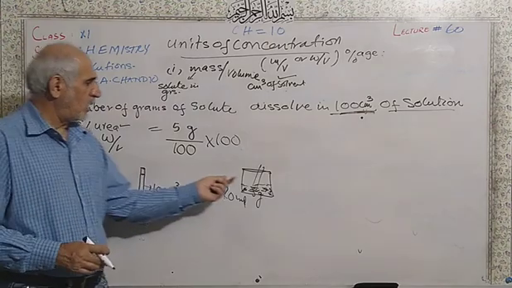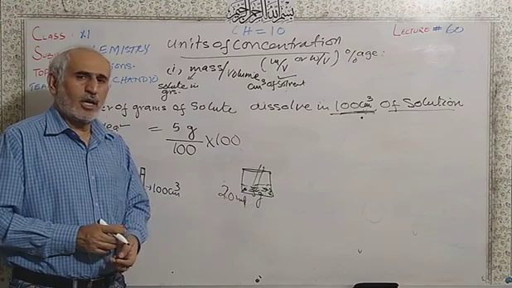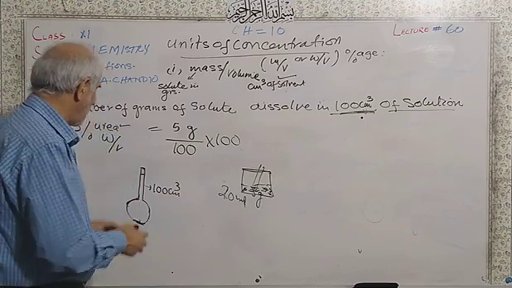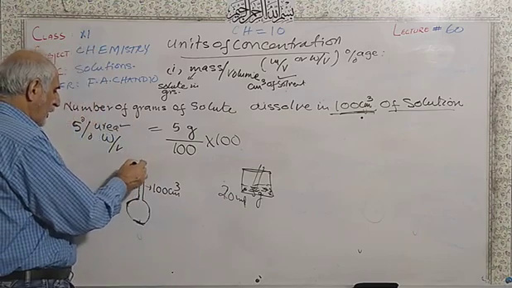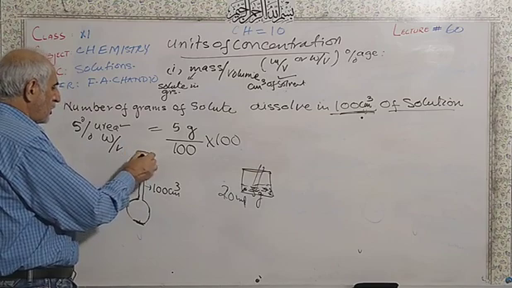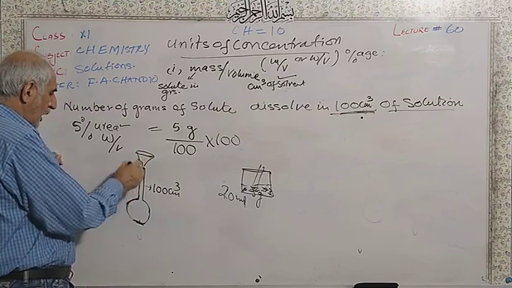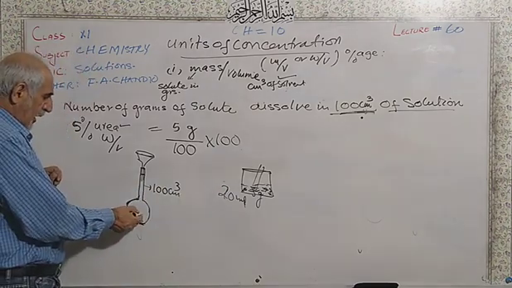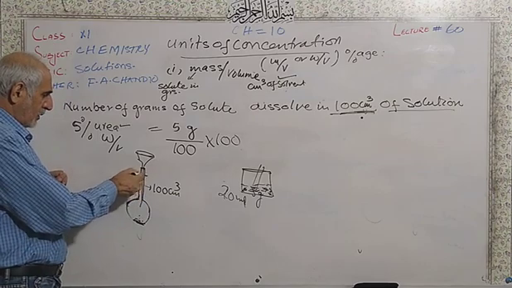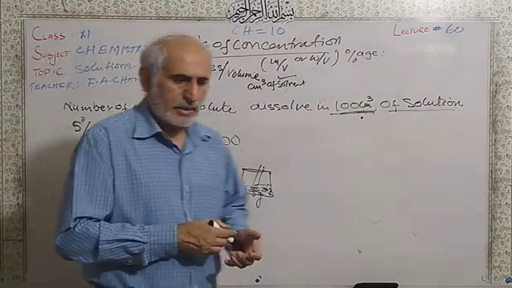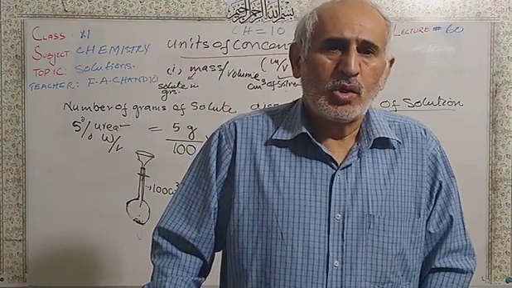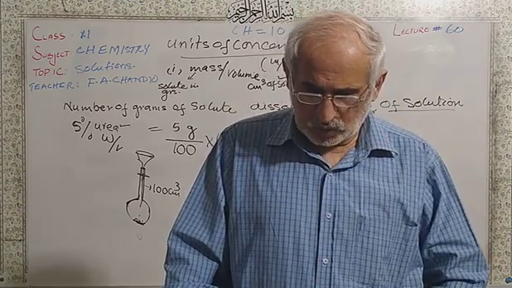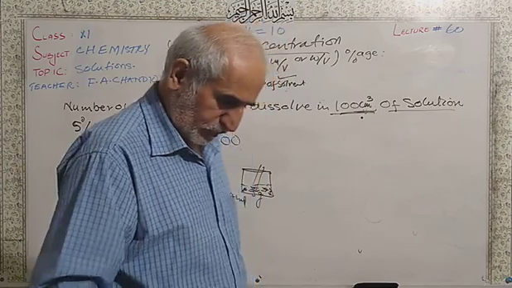It is easy to stir because the area of the beaker is large. So by using a glass rod, it can be dissolved very well. Then by using a funnel, put this in a flask and make up the volume up to this level. The level should not be increased. So this is called a 5% solution W over V.